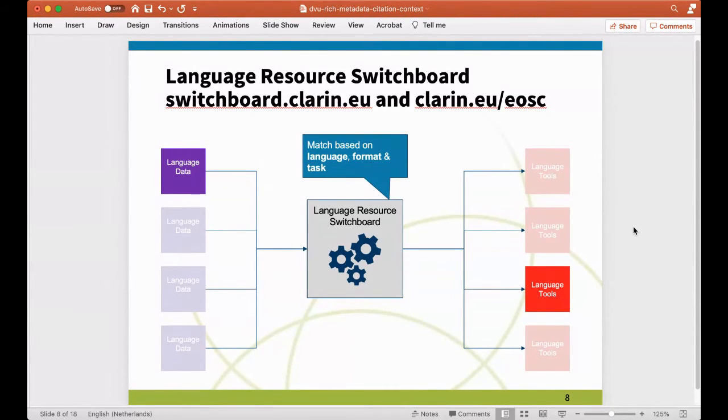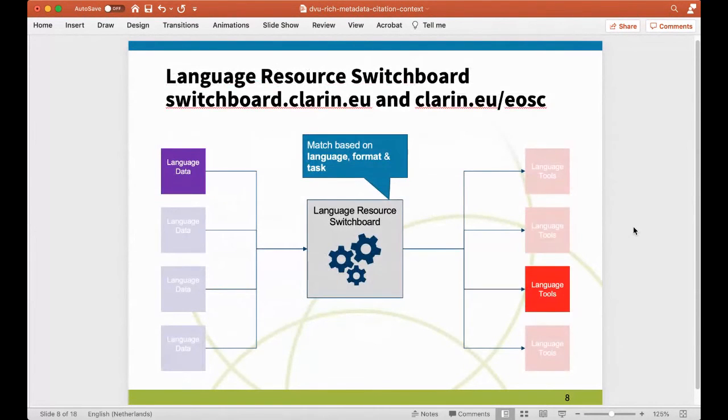So you feed it with, I don't know, a Polish novel from the 19th century, and the switchboard will recognize the fact that it's Polish, that it's a PDF, for instance, and will then offer you a series of tools that allow you to do, say, a grammatical analysis on that data set. It requires a few parameters for that: the language, the format, and the specific task, namely that you want to do grammatical analysis in this case.